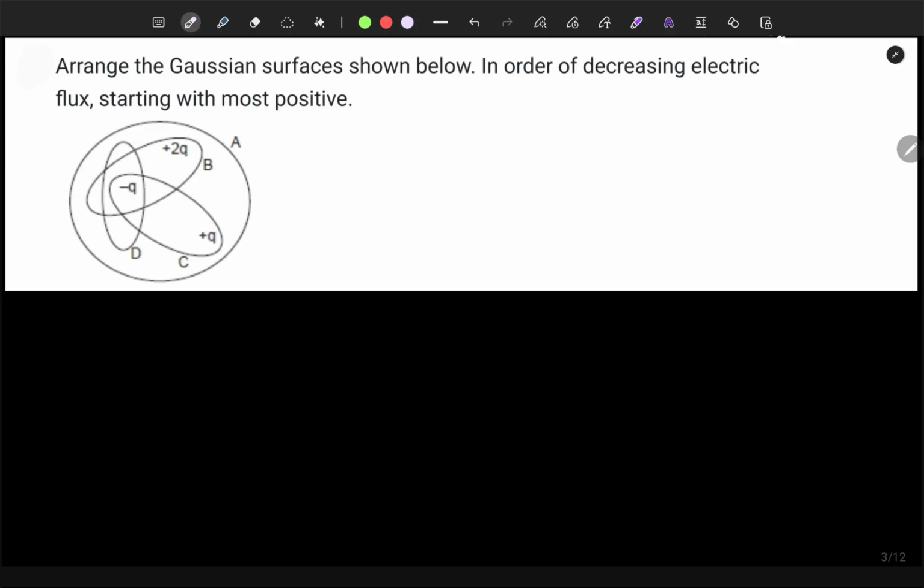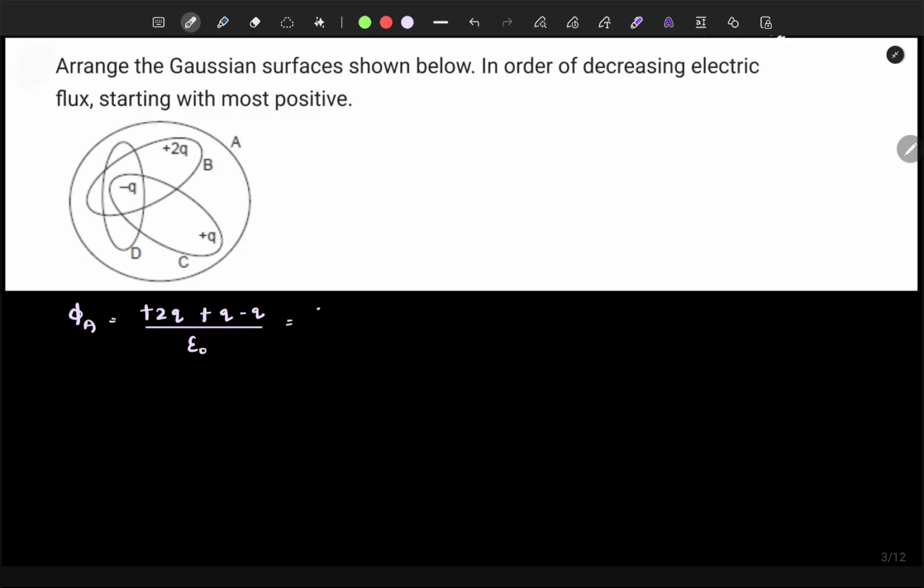So we can calculate flux through surface A. That will be equal to how much? Plus 2q plus q minus q divided by epsilon naught, because of Q enclosed. So inside surface A, total charge enclosed is plus 2q plus q minus q.